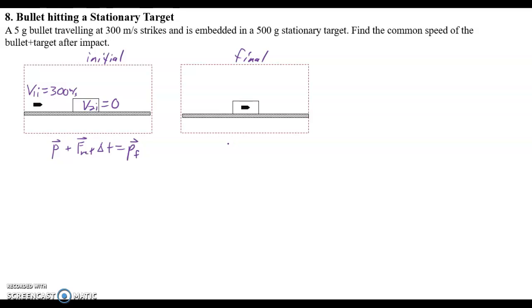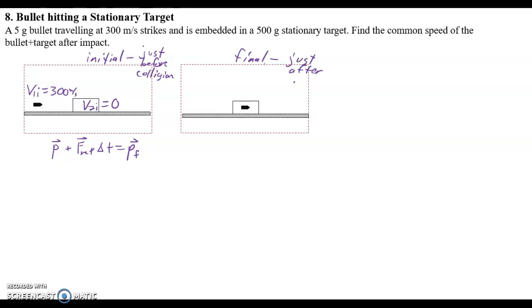There's no external forces. We're not worrying about friction from the table, and because we're taking our time frames to be as close as possible together, this is just before the collision, and this is just after.